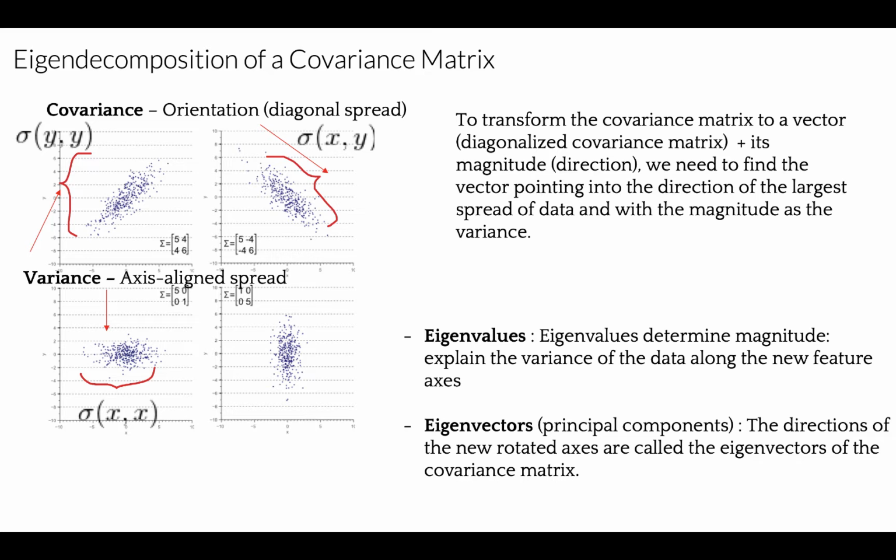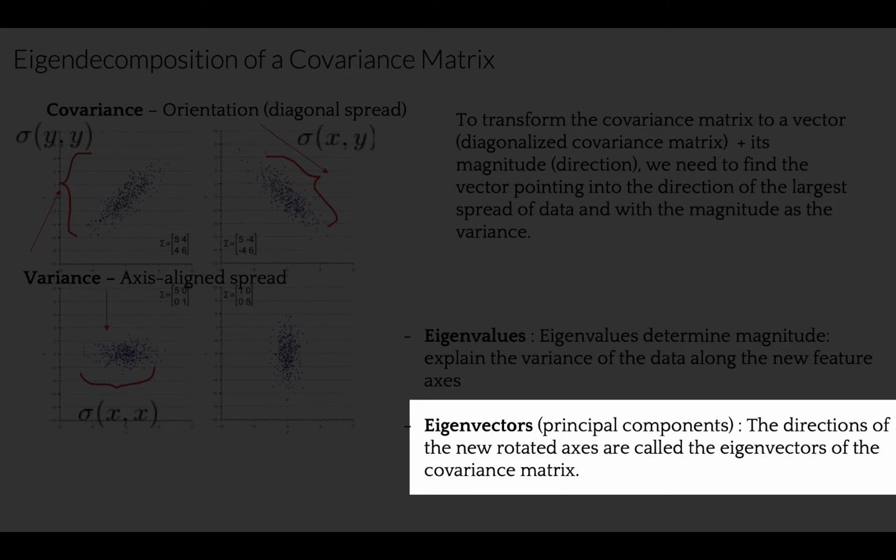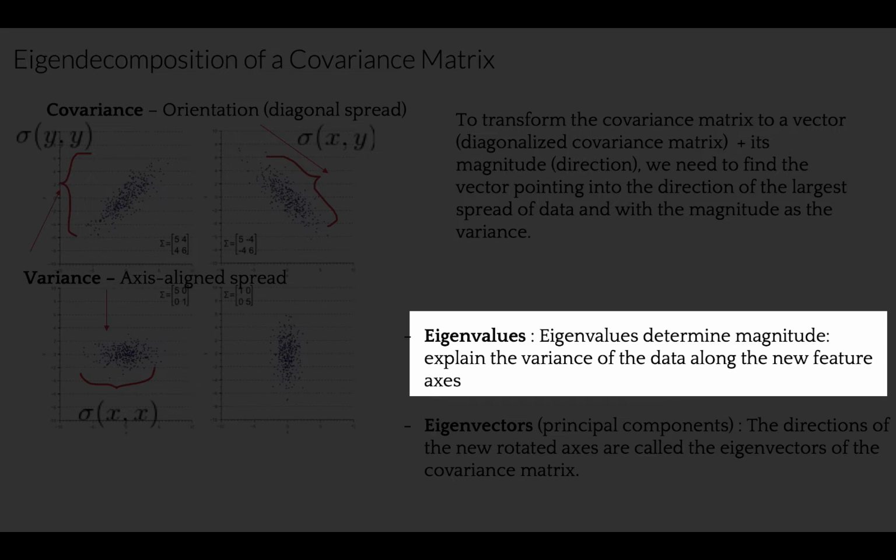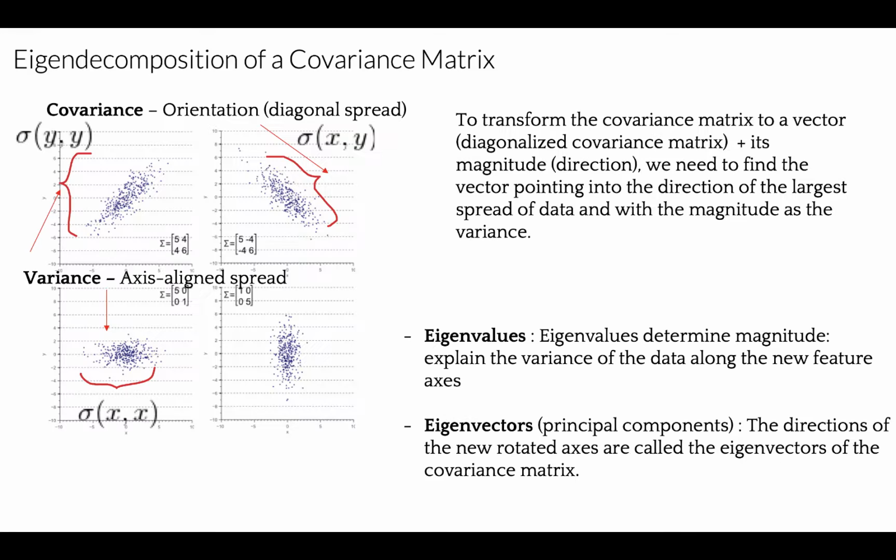If we would like to represent the covariance matrix with a vector and its magnitude, we should simply try to find the vector that points in the direction of the largest spread of data, with a magnitude equal to the variance in this direction. The eigenvectors, principal components, determine the direction of the new feature space, and eigenvalues determine their magnitude. In other words, the eigenvalues explain the variance of data along the new feature axis in a smaller, reduced dimension dataset.